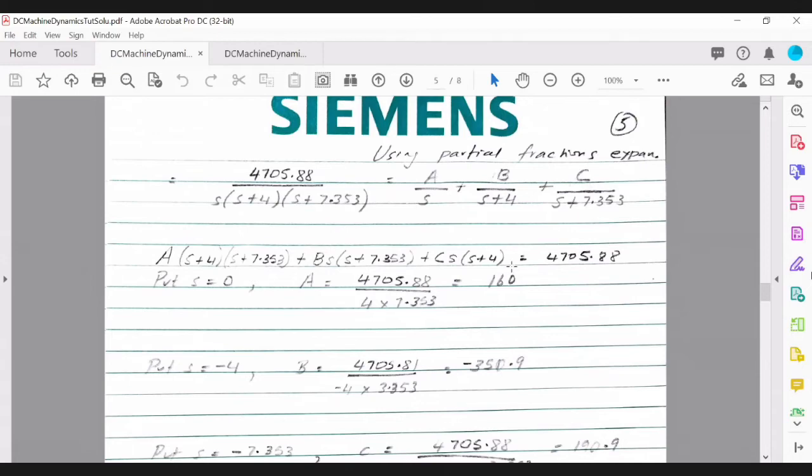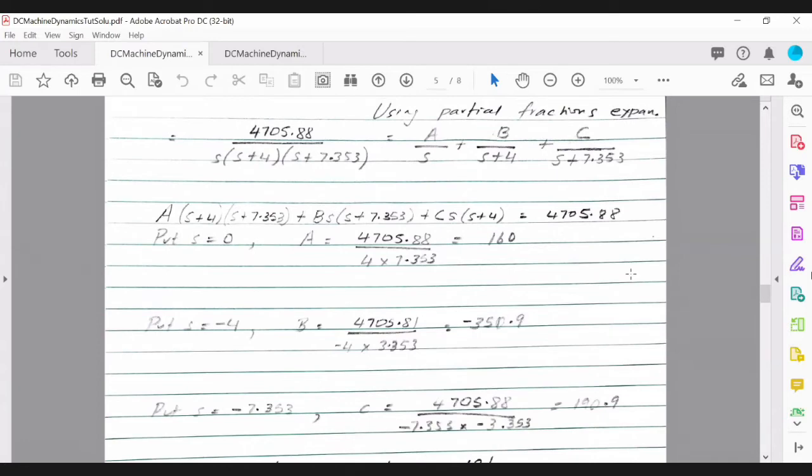And so when you basically expand, you end up with this expression. And now for you to determine A, B, and C, you have to substitute values for s, right?